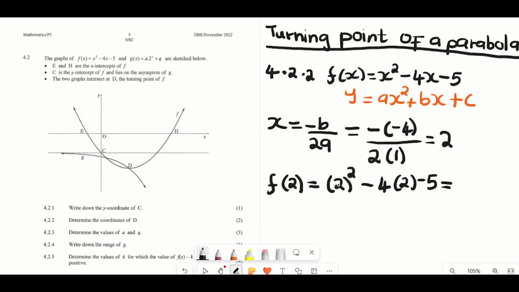So 4 minus 8 plus 4, it will be minus 4. Minus 4 minus 5 gives us minus 9. So the coordinates of D are, your x value is 2, your y value is negative 9. Then you're done. You found the coordinates of D, which is the turning point of the graph of f.